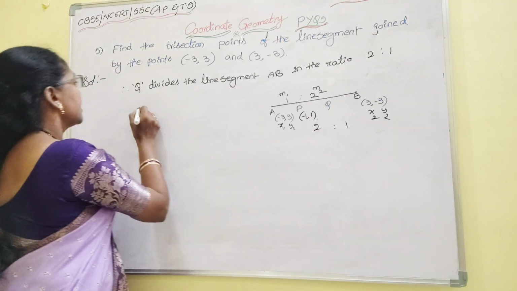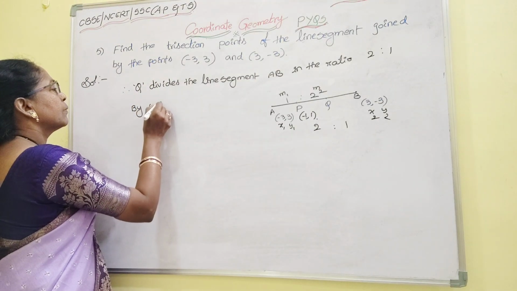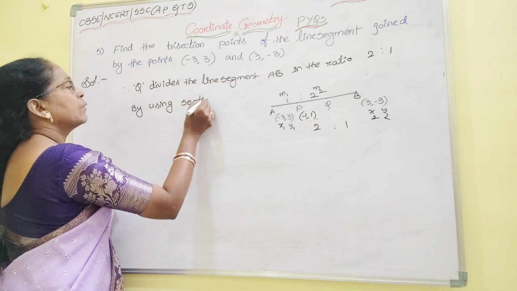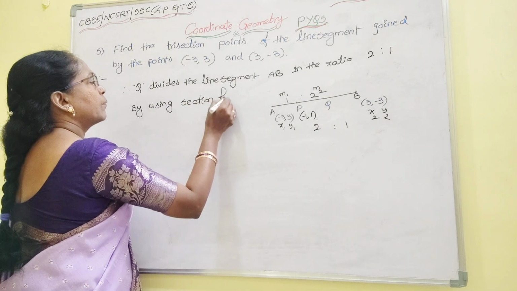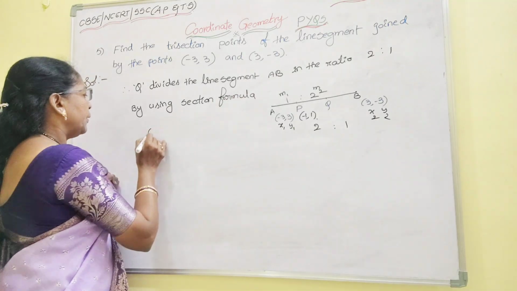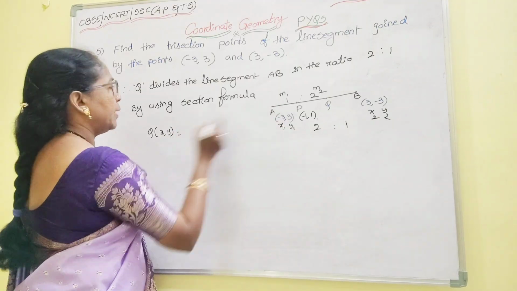Now by using the section formula, Q of x comma y equals m1 x2 plus m2 x1.